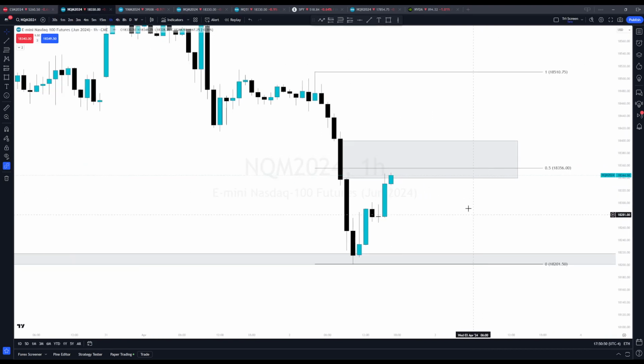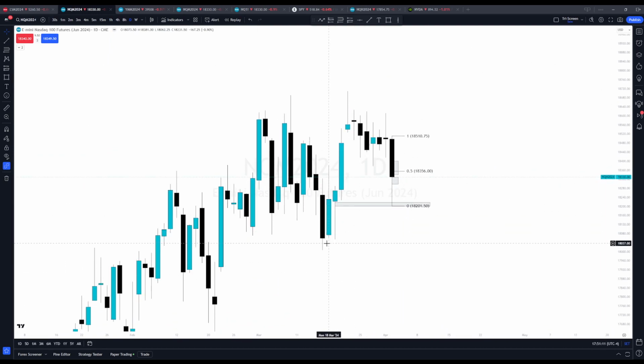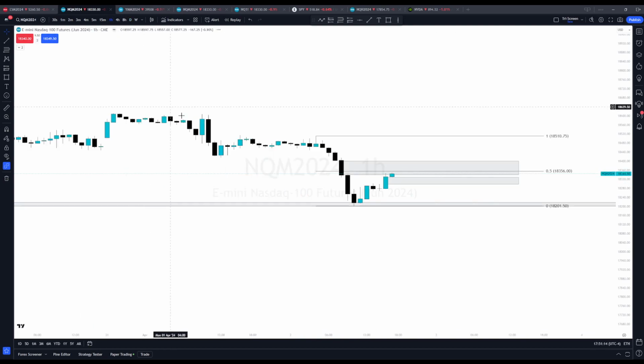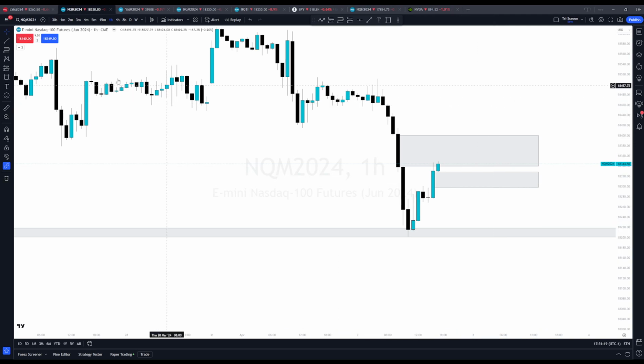So tonight I'm going to be watching this hourly FVG, and I'm going to be watching this hourly right here. Whichever one of these gives, I think is going to give us the bias for tomorrow. So if we go up here, we hit 50%, and then we reject and start slicing through this, I think we're going back down to these daily lows down here at the 18,000 level. And if we inverse this hourly going up, I really like these relative equal highs up here on the hourly chart.